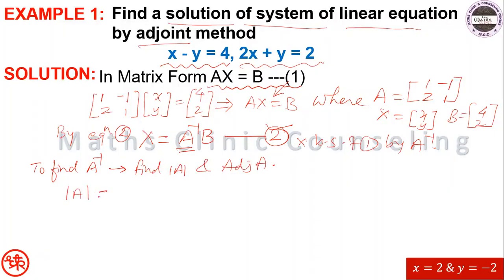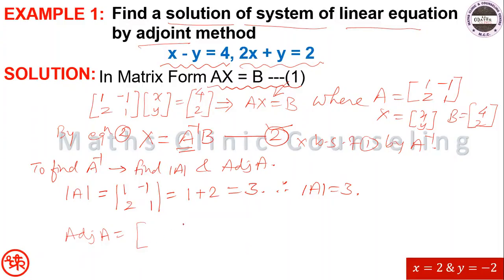Determinant of A is equal to A की वैल्यू 1 minus 1 2 1. अब ये डिटर्मिनेंट सॉल्व किया तो 1 plus 2 and that is equal to 3. So therefore determinant of A is equal to 3. Now adjoint of A is equal to, अब ये 2 by 2 मैट्रिक्स है, 2 by 2 मैट्रिक्स में एडजॉइंट निकालने का फॉर्मूला क्या है, डायगोनल एलिमेंट को हम इंटरचेंज करेंगे और यहाँ पे साइन चेंज करेंगे.